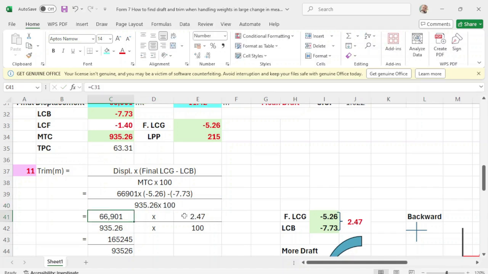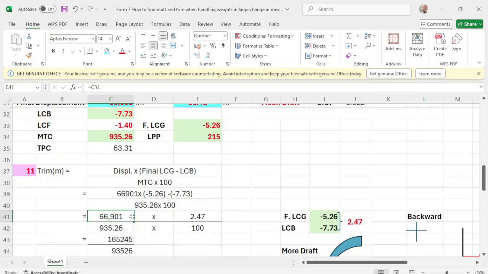Times 100. So subtract these first two: negative 7.73 minus your LCG of negative 5.26, the answer will be 2.47.